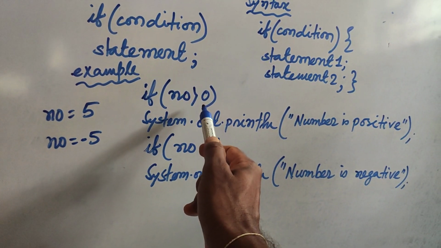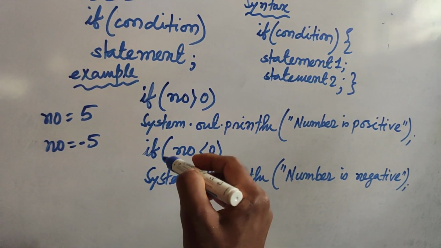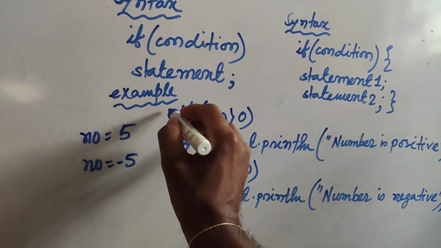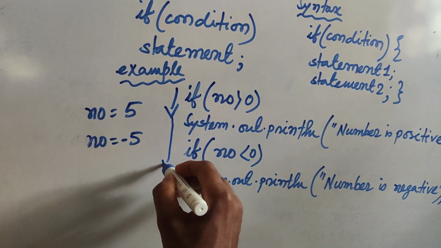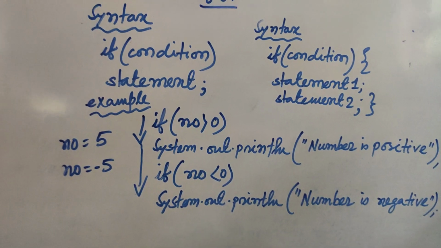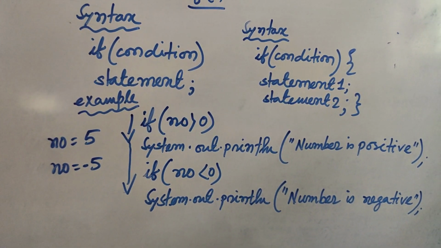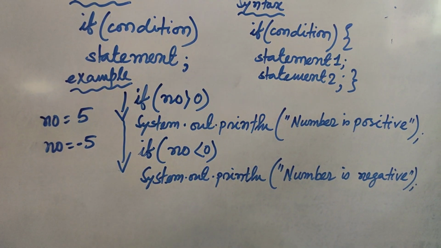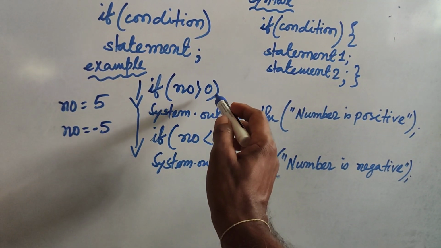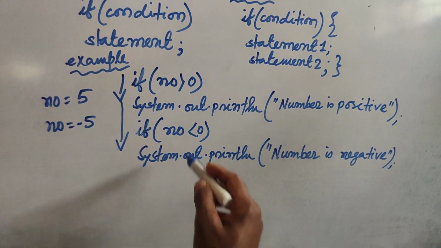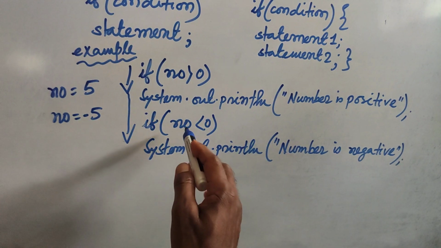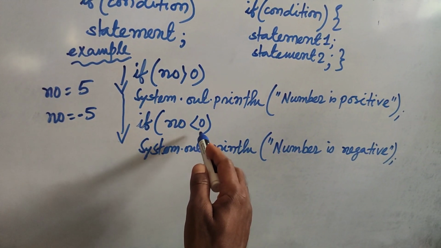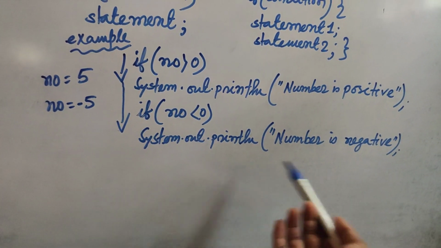If you take number 5, there is also a disadvantage. The computer starts reading from top to bottom. When you input number equal to 5 from your keyboard, 5 greater than 0, the computer displays number is positive. Then the computer also comes here to read: 5 less than 0, false.